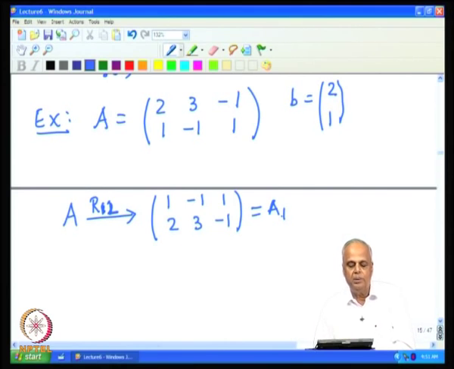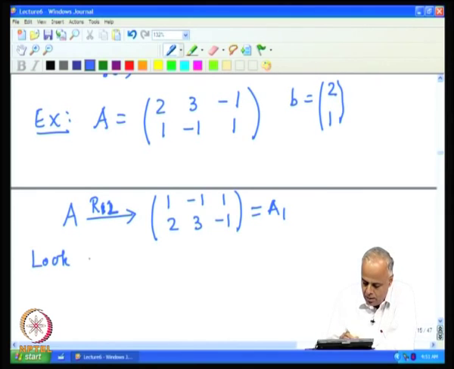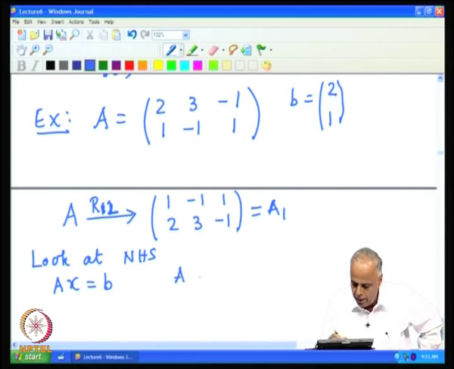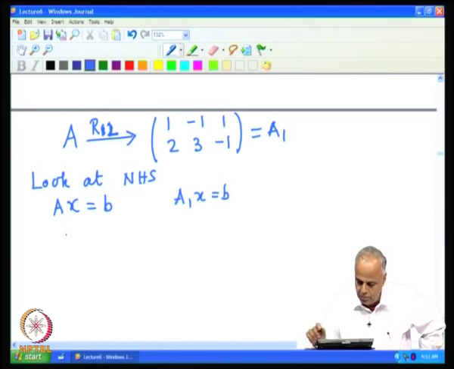So, I have a system generated by this matrix A, and I have now made an elementary row operation on this matrix. Now, look at the non-homogeneous systems AX equal to B and A1x equal to B. These are the systems.